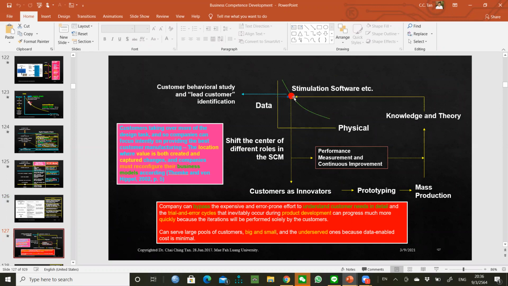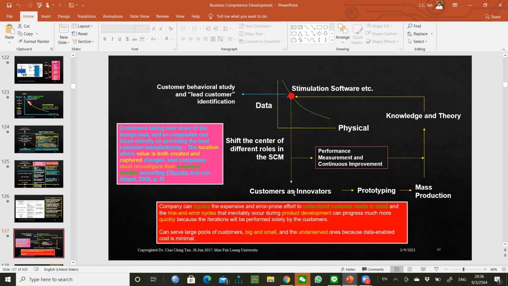If you move yourselves all the way to data, and then make sure that your customers are able to obtain your data and see the real situation, and not only data, you transform those data into information for your customers to digest. Okay, and so the customers can then use that data and information to help them design.